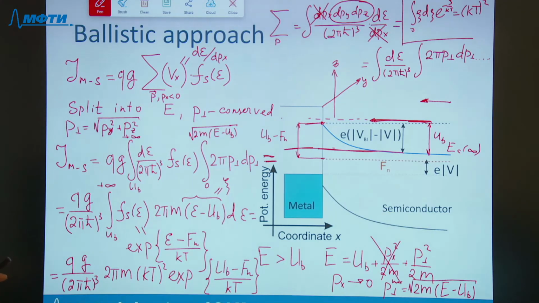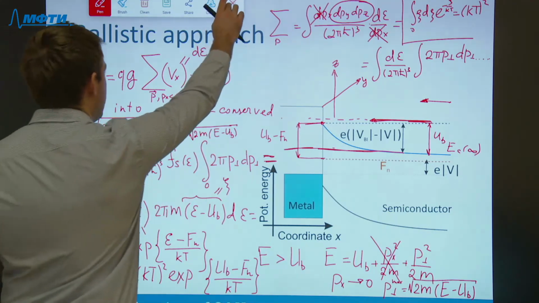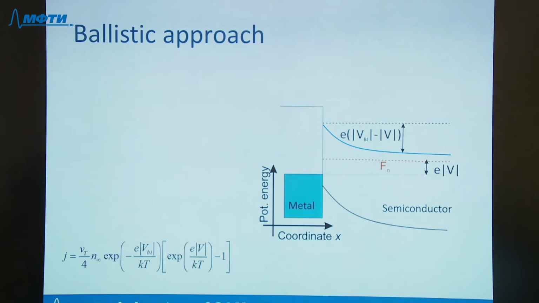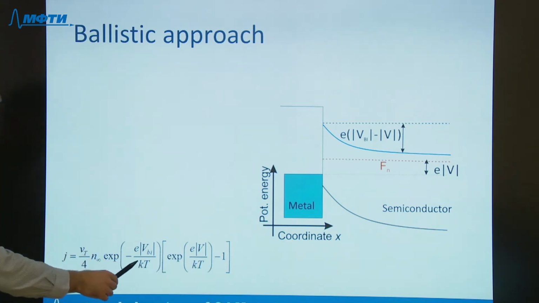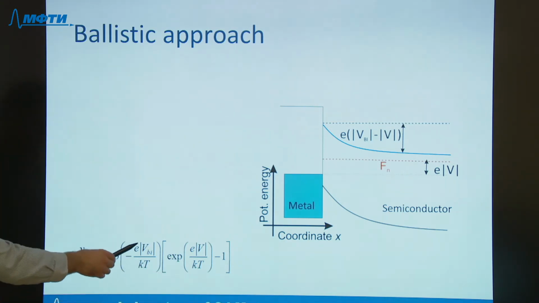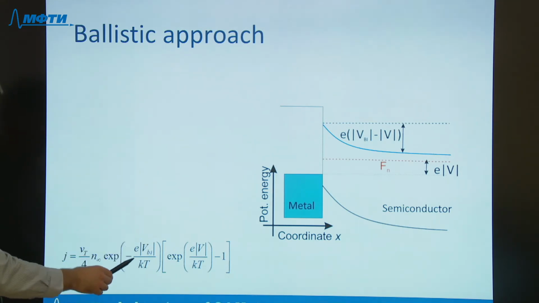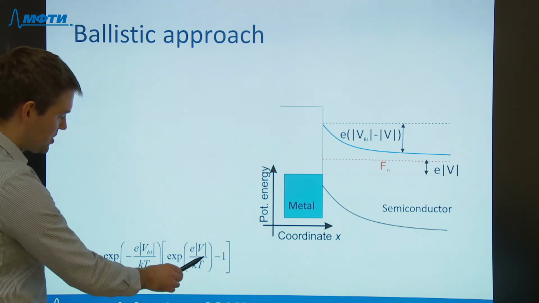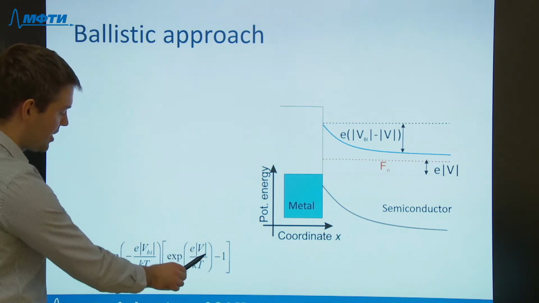So I will write the final result here. It would be the thermal velocity divided by 4 multiplied by carrier density at infinity and multiplied by the combined exponent of minus built-in voltage divided by kT, reduced by the applied voltage eV.